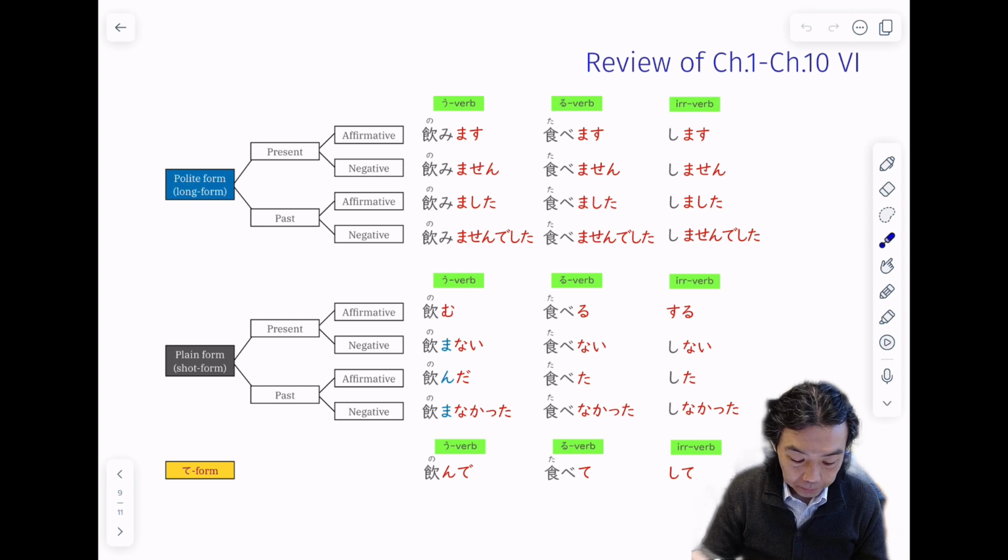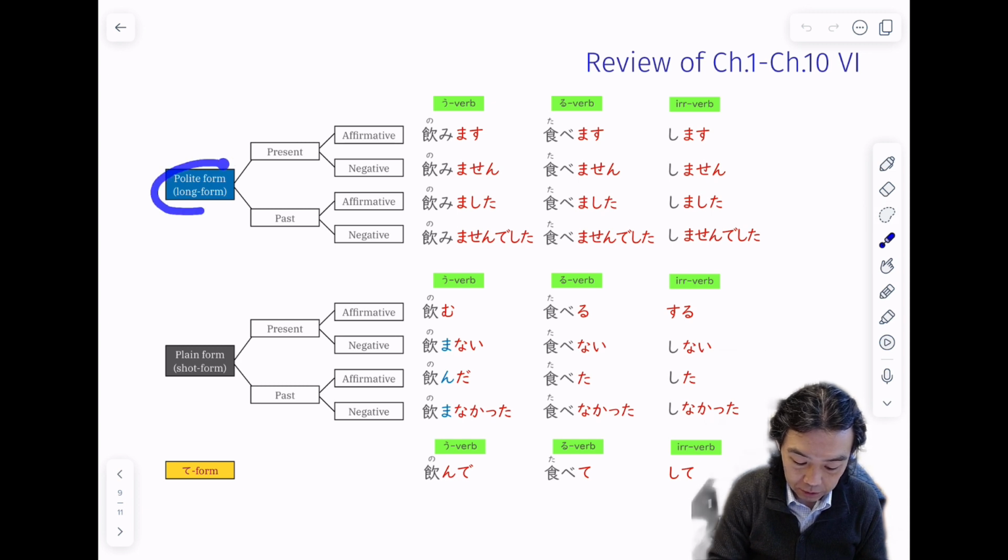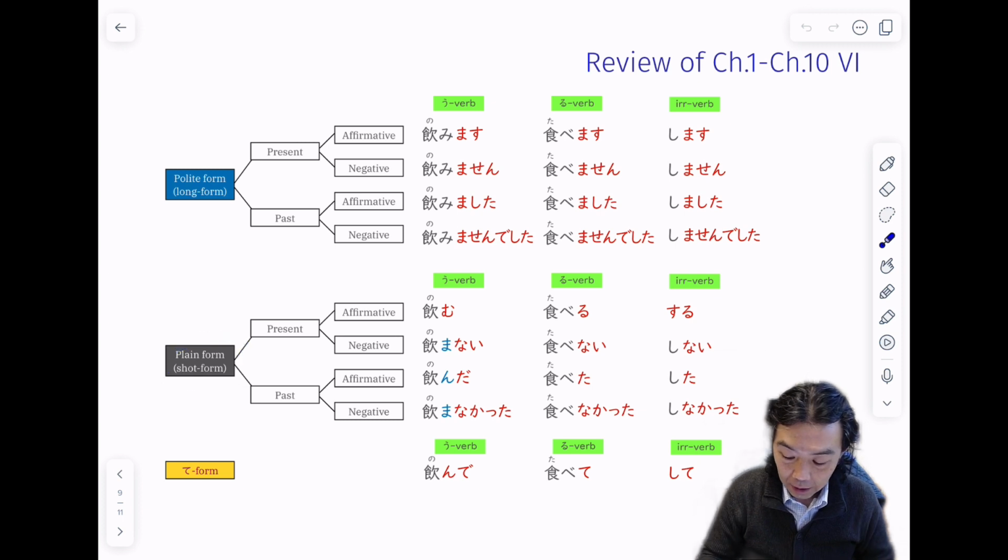So first thing is we have two different kinds of forms and three different kinds of verb types. The two forms are polite form and plain form, and depending on the teachers and the schools that you went to, often they call them different ways.